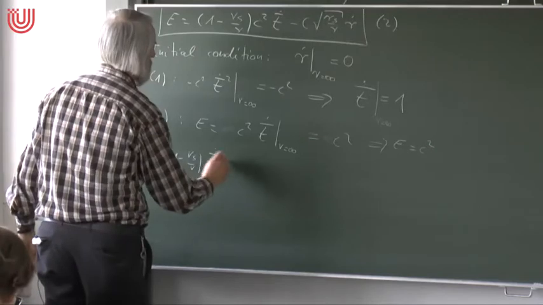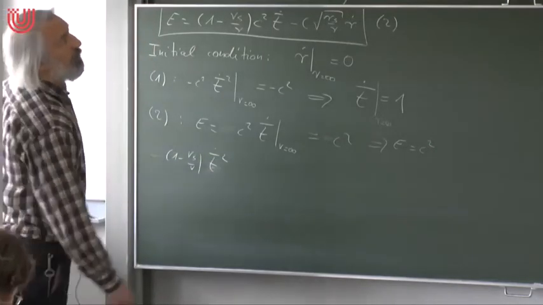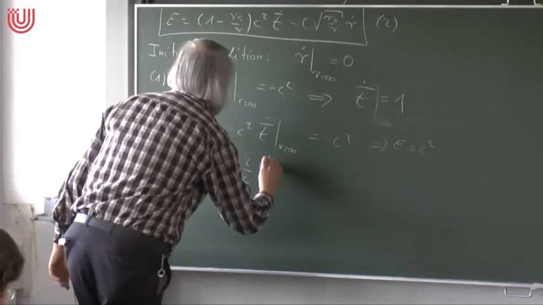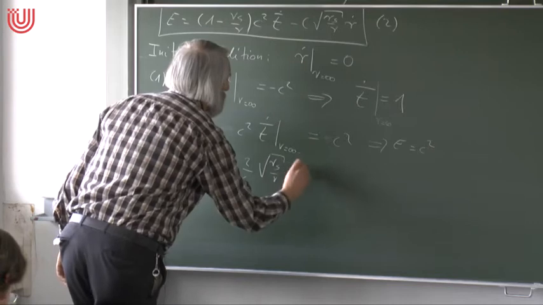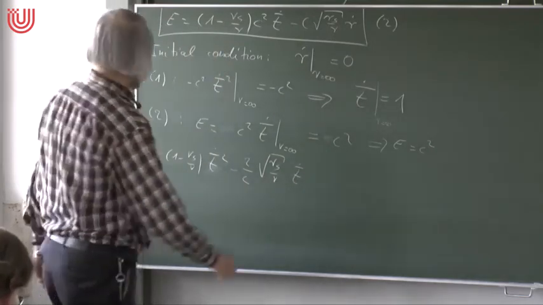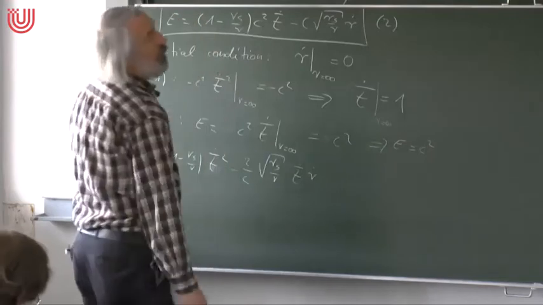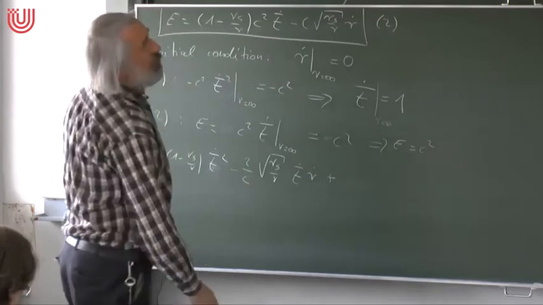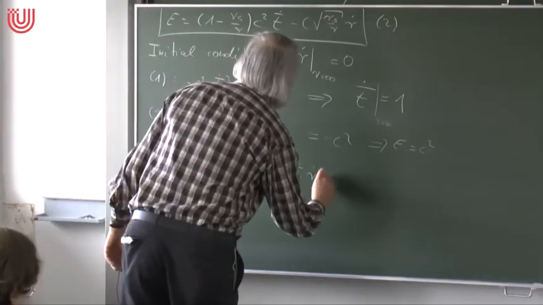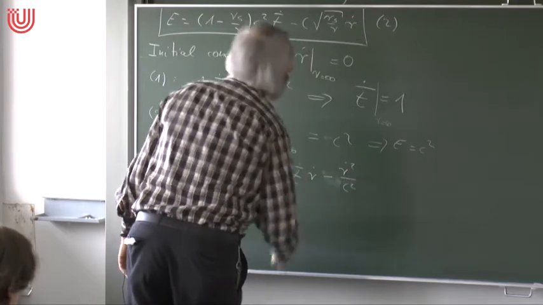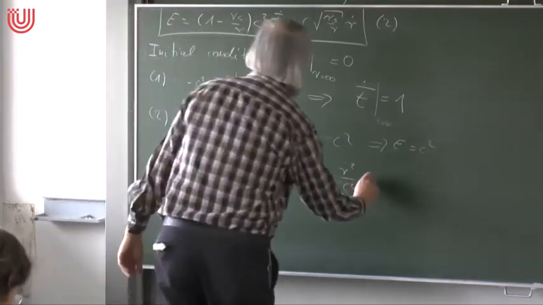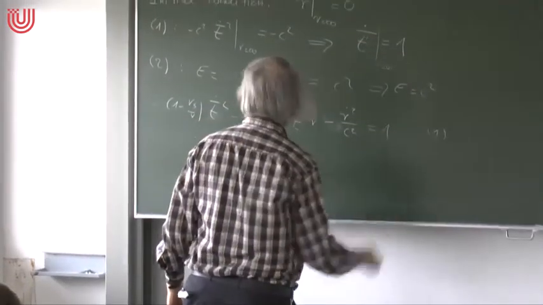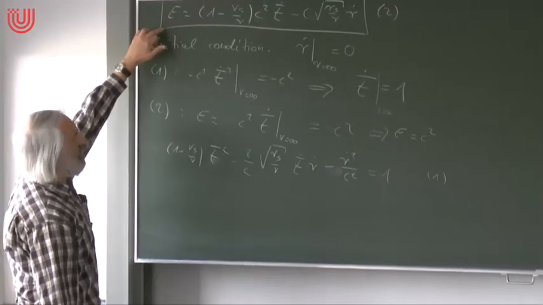I have just t bar dot squared, then minus 2 over c root rs over r t bar dot r dot plus r dot squared. I divided by c squared, right? So it's minus r dot squared over c squared. On the right-hand side I have a 1. So this is the first equation. That was equation 1. And equation 2 now becomes E is c squared.